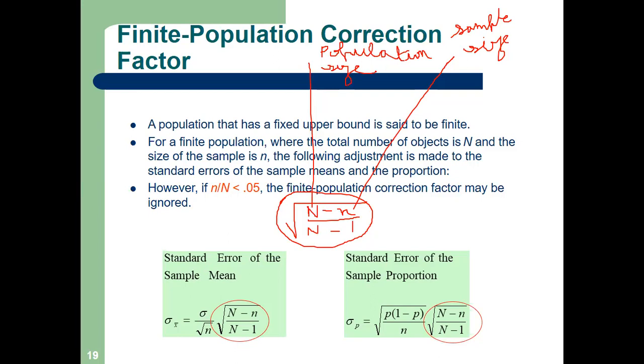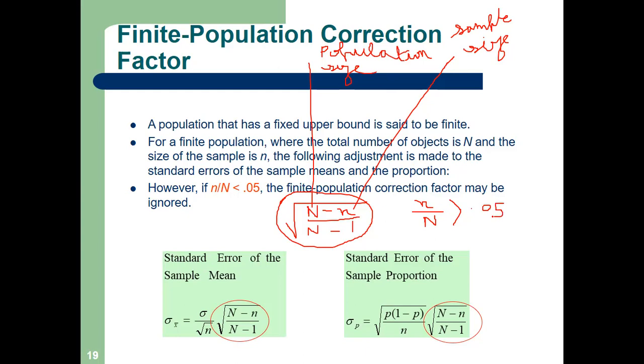Are you getting this? So we are going to apply the finite population correction factor when small n by capital N is greater than 5%. All of you listen carefully, please write this also. Small n by capital N is greater than 0.05. We will apply the finite population correction factor.